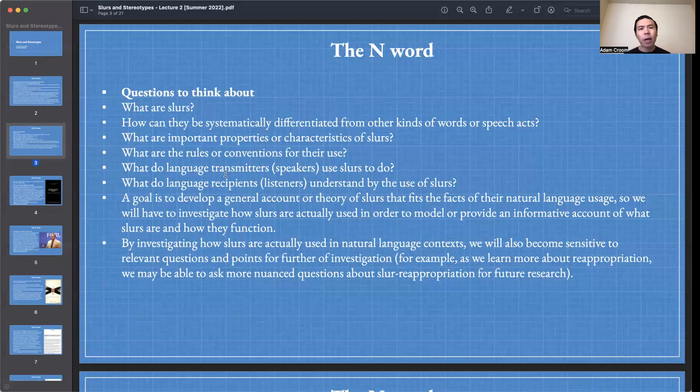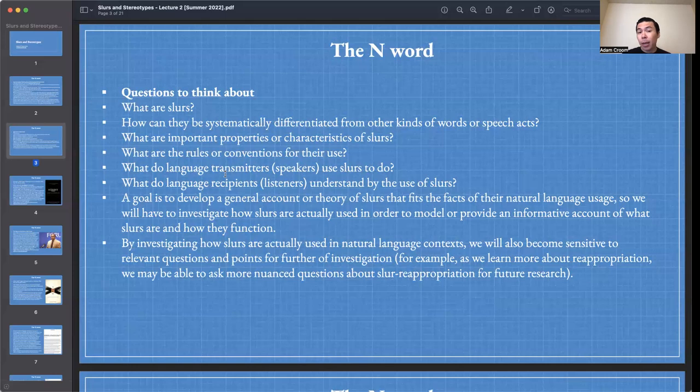In order to give a full, informative account of slur usage, we're going to have to start off with some careful investigative work. Okay, we need to do some empirically oriented work to understand how slurs are actually being used in natural language contexts. And that will help us build an accurate model for how slurs are used.